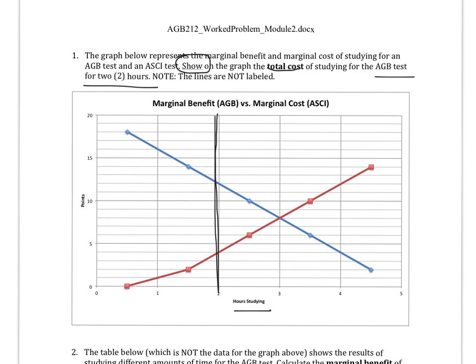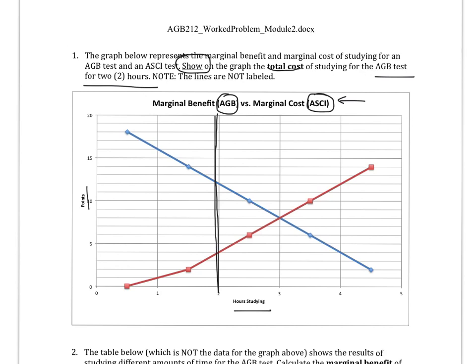Again, if you look at the title of the graph, one of these curves is the marginal benefit, and one of these is the marginal cost. So I give you the little clue. The marginal benefit, it says AGB, so you're thinking about the points you're getting from AGB. The marginal cost, if you recall from our examples in class, is reflecting animal science.